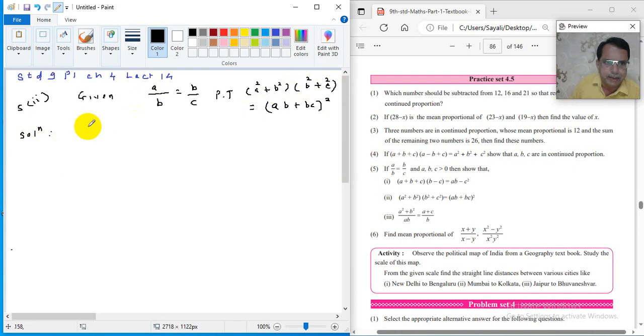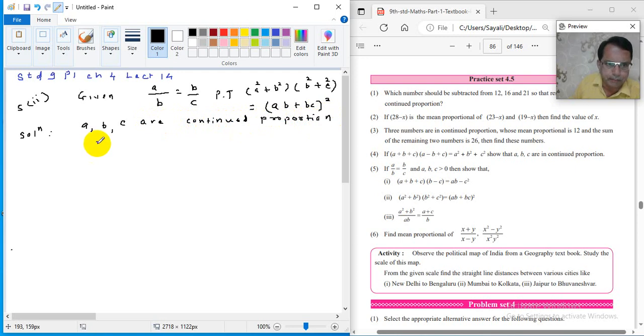काय दिले बघा, you are given that A upon B is equal to B upon C. तर त्या कंटिन्यूड प्रपोर्शनमध्ये आहेत, कारण पहिल्या रेशोचा जो छेद आहे तोच दुसऱ्या रेशोचा अंश आहे. त्यामुळेच काय झालं, ABC are in continued proportion. So what happens here?